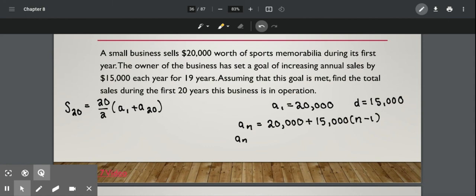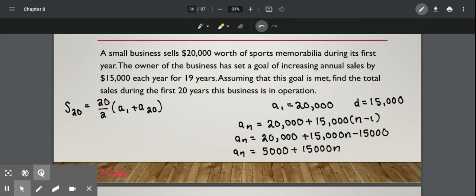And so we get a sub n equals 20,000 plus 15,000 n minus 15,000. Or a sub n equals 5,000 plus 15,000 n.